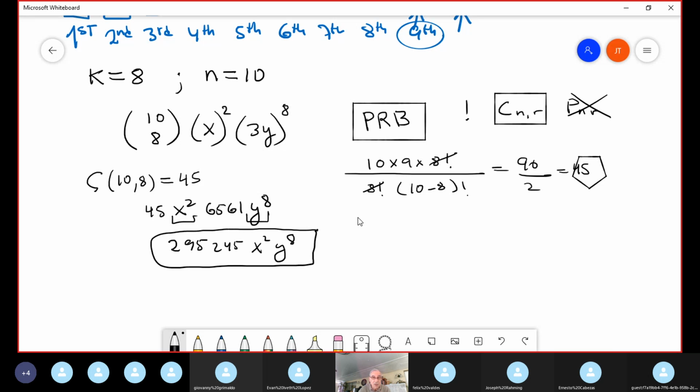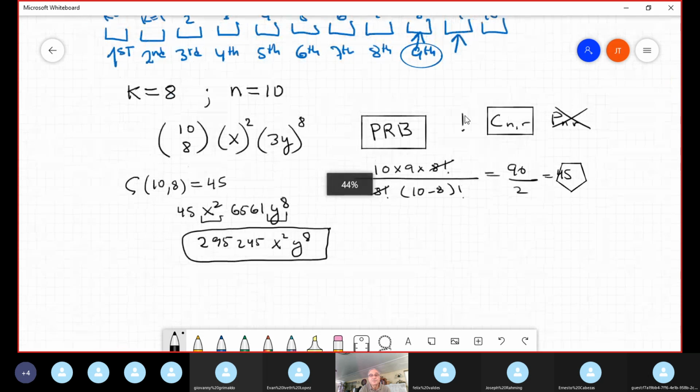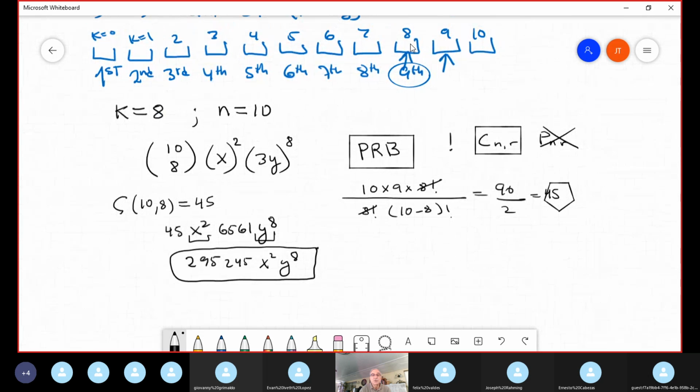End of the story. And this is the term that is located in position 9. That position. In the test, I will ask you any position. You apply the formula using common sense and imagination. Any question?